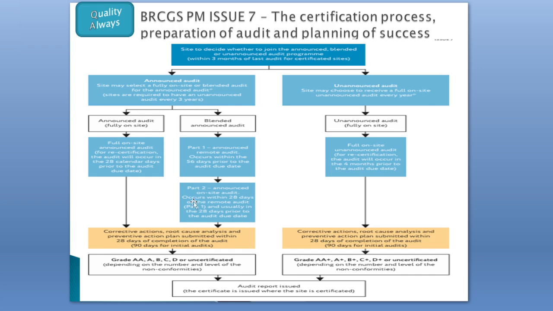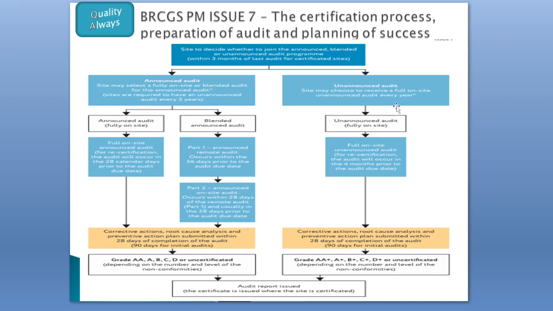Corrective action, root cause analysis, and preventive action plan are submitted within 28 days to the certification body, and based on the closure evidence, the certification body will issue the grade and certificate to the organization as per the stipulated time.